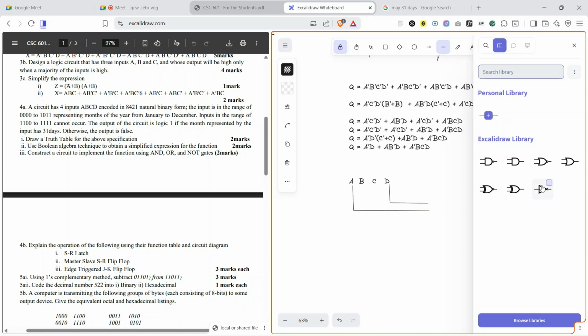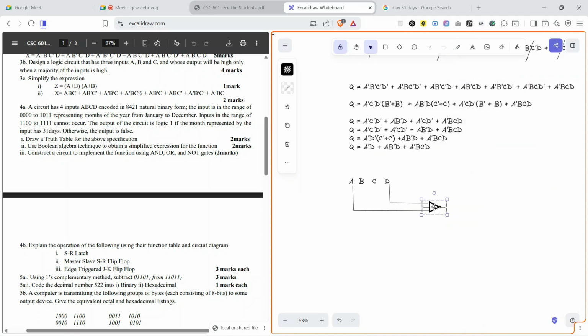The NOT gate is just the inversion of A. So anywhere you have the bar, for example A bar now, we are going to represent it with a NOT gate.